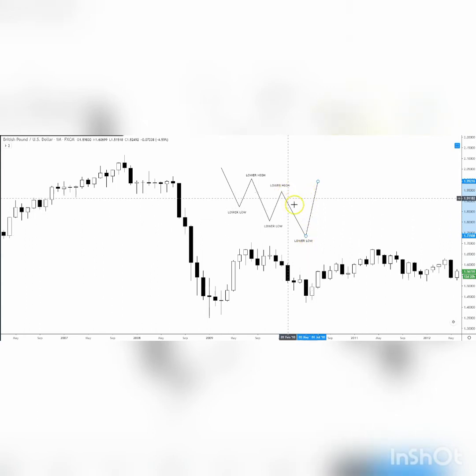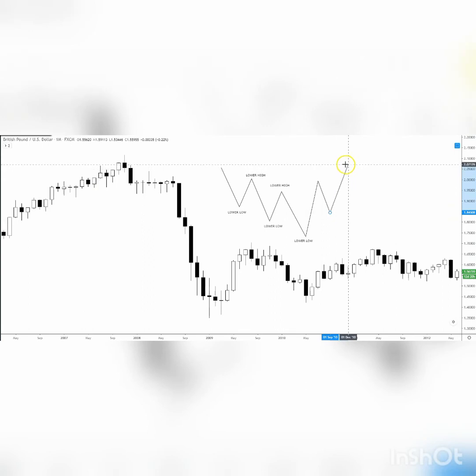If price rallies and goes beyond this lower high, then there is a possibility that we can see a shift of trends. For us to see that shift in trend, this is what we would like to see. Let me just draw that out. So yeah, it's all drawn out now.